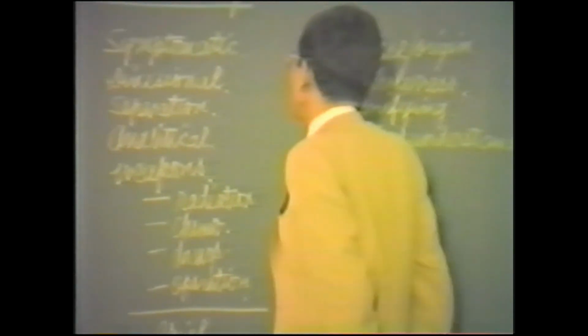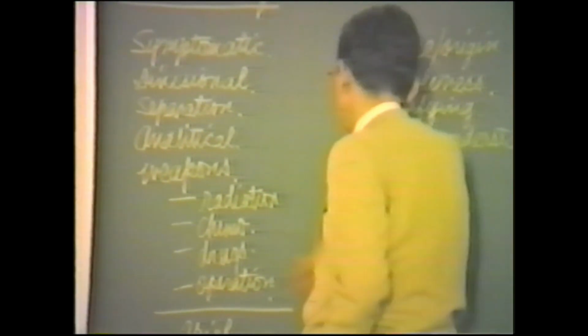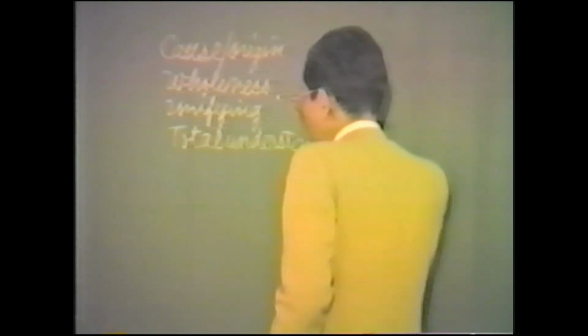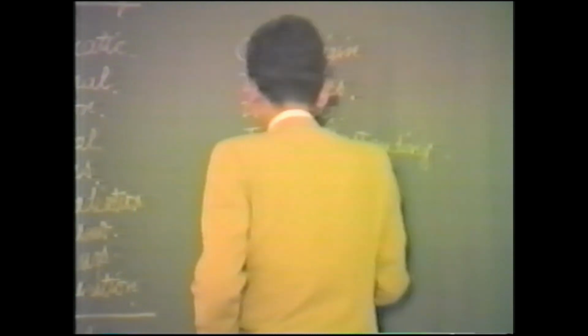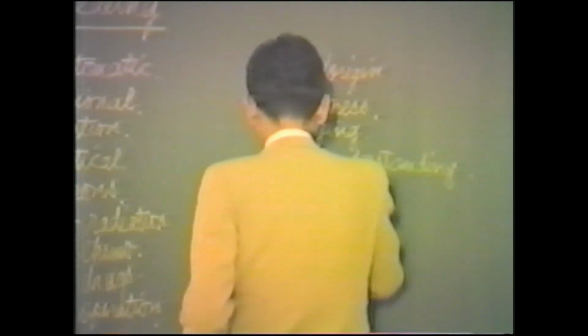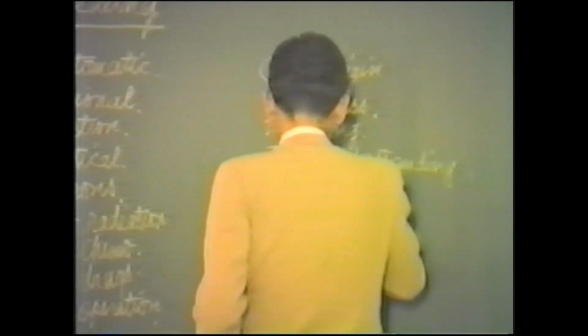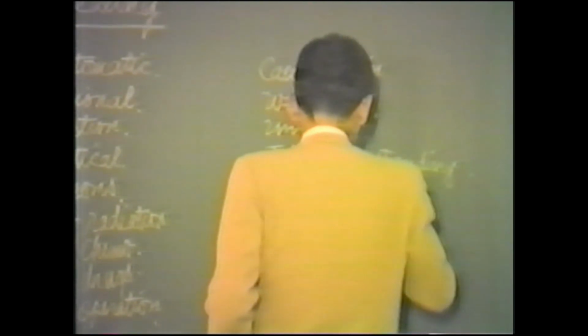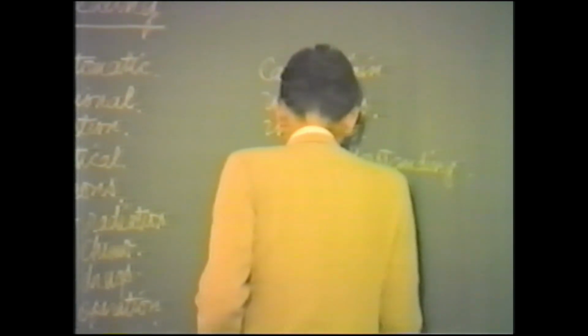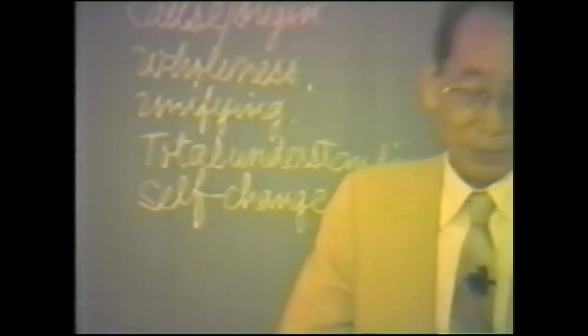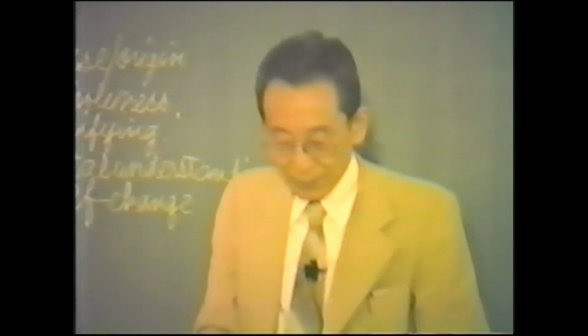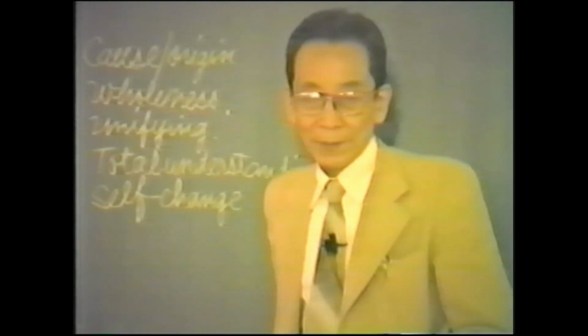That means this method, for that, they're very different. This method goes more toward self-change. I am the cause. I am the bad guy. My eating is wrong. My thinking is wrong. My behavior is wrong.